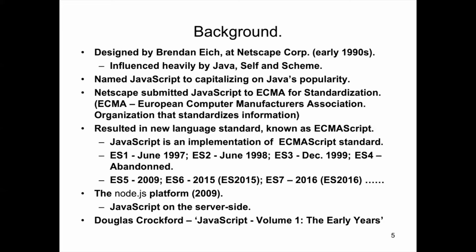Self is also an object-oriented language, just as Java is an object-oriented language in the sense that it's class-based. Scheme is what's called a functional programming language, and JavaScript is influenced by the whole functional programming space as well.